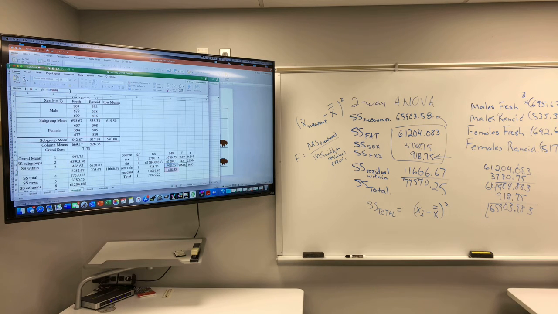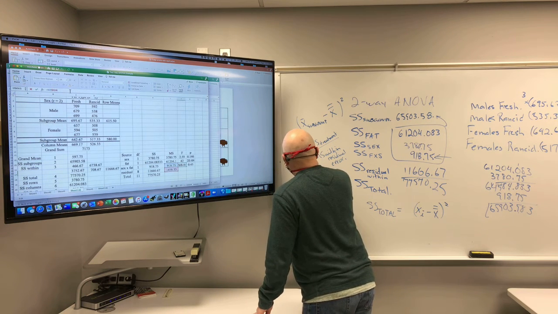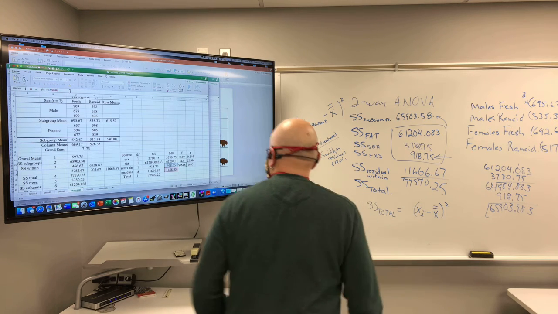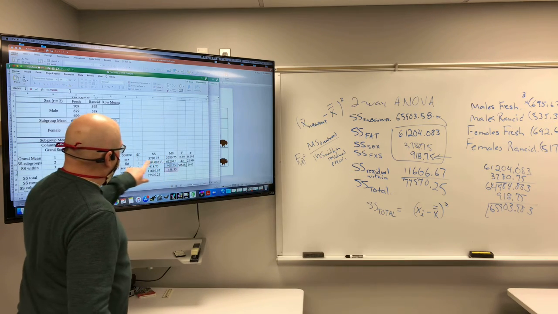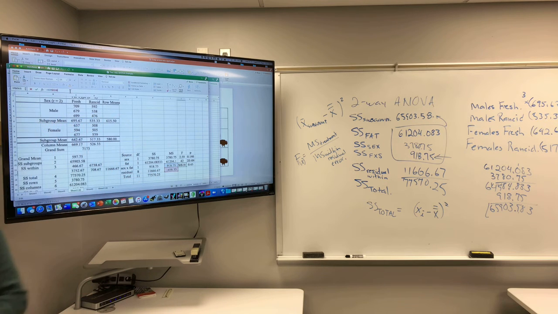And then we know what the degrees of freedom are for this. So we would evaluate this at 1 degree of freedom in the numerator and 8 degrees of freedom in the denominator. And then we would go and look that up in an F table or go to Daniel Soper's website, or we would just have R calculate it for us directly.